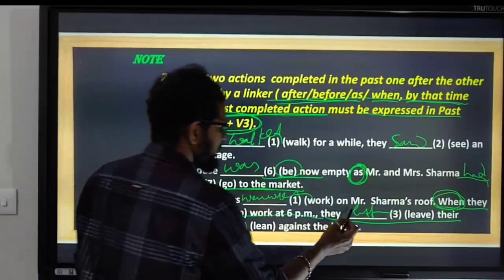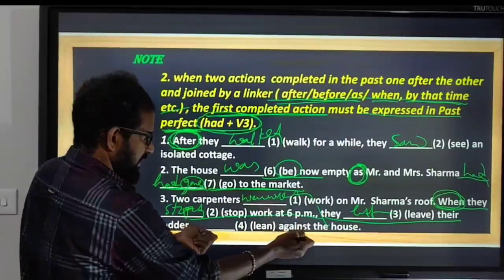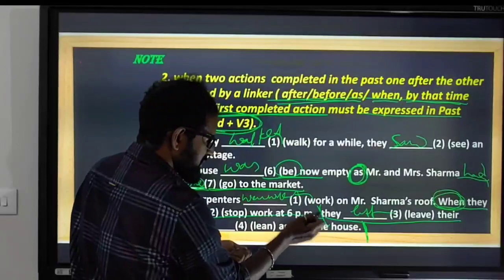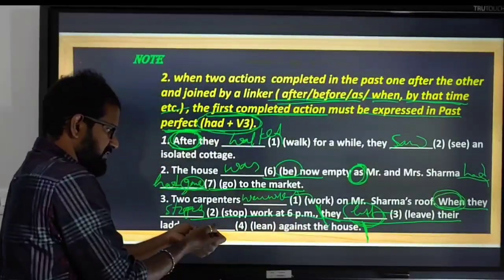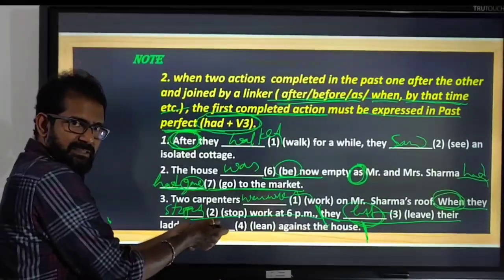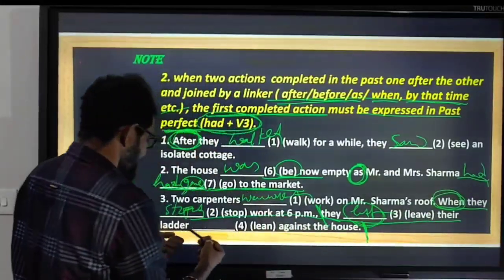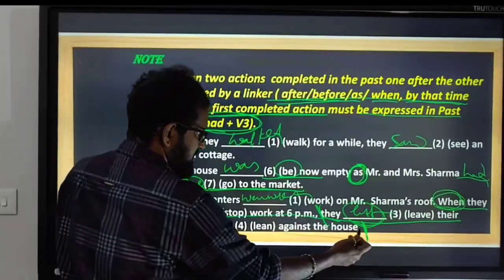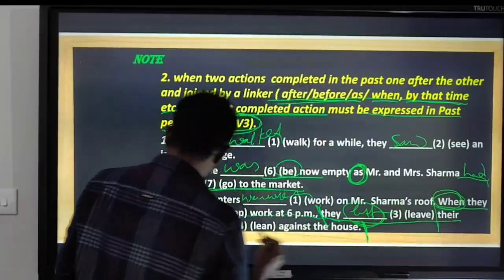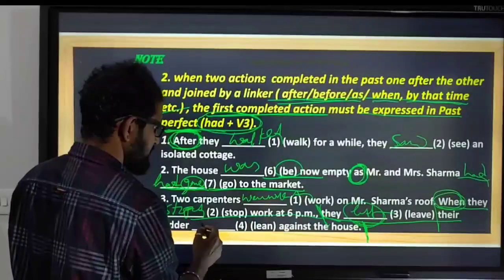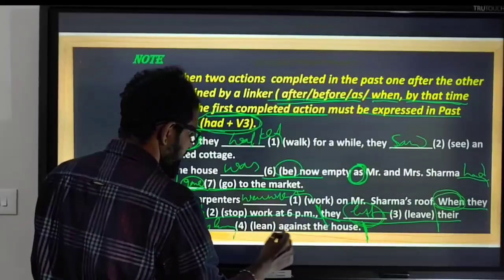Now look here. They left their ladder, lean against the house. Simple sentence. Already we used the main verb after the subject. Now we need to see whether we have to use present participle or past participle here. Consider only from here: their ladder was leaning against the house.